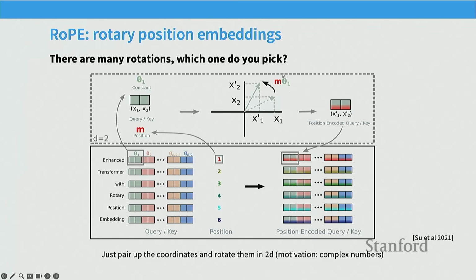And much like in sine and cosine embeddings, I'm going to pick some set of thetas such that some embeddings are rotated quickly and others are rotated much more slowly. So they can capture both high frequency information, or close by information, and very far away, lower frequency positioning information, right?